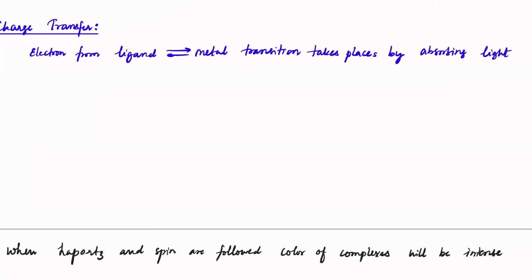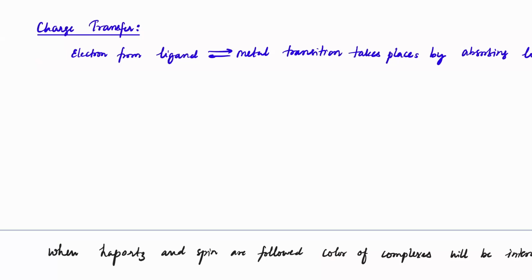For example, suppose I have MnO4 minus. In this case, manganese is the metal, and all the oxygens are ligands around it, like this, O minus. Now, suppose the light approaches here.